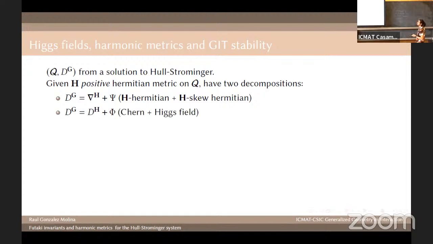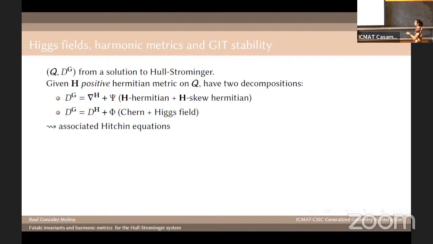And secondly, I can choose the Chern connection of H, and a remaining piece I will call in analogy the Higgs field. Okay, but the warning is that in this setting, the Higgs field is most of the time not holomorphic. This is an important difference. Okay, then the Hermitian-Einstein equation associated to a solution to the Hull-Strominger system in the current algebroid has an associated Hitchin equations under this decomposition.